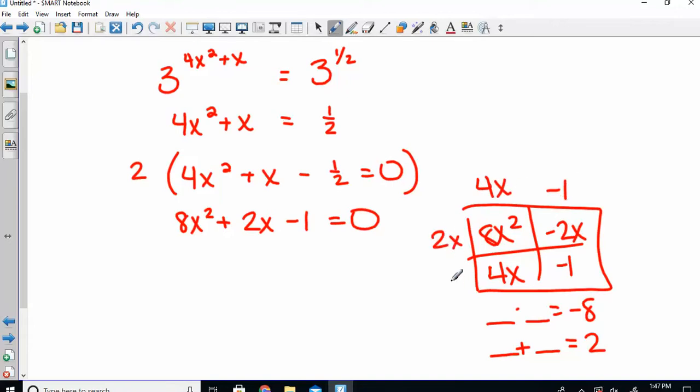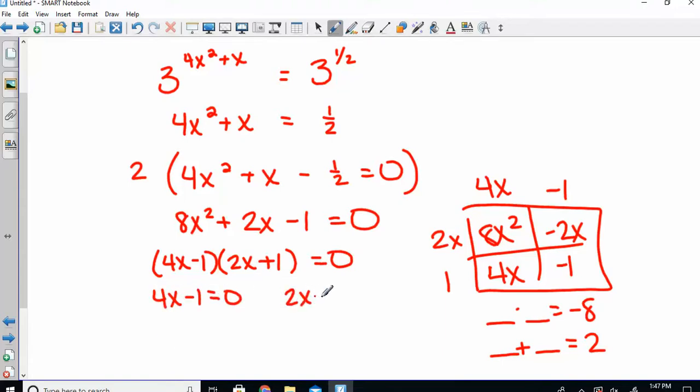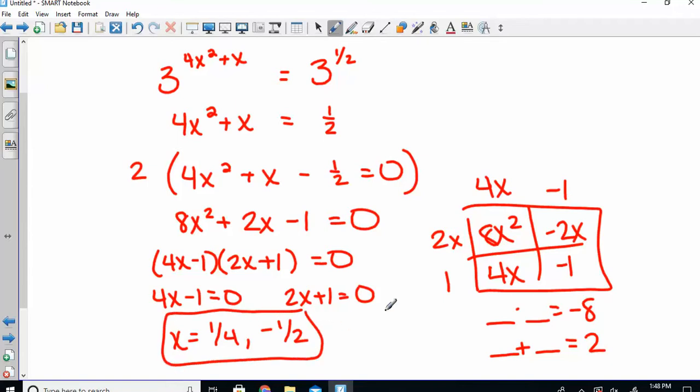Positive 4, negative 2. So then we set those equal to 0 and get 1/4 and negative 1/2. And you could always check these. Your answers should work, but we can always plug them back in the original if we want to check.